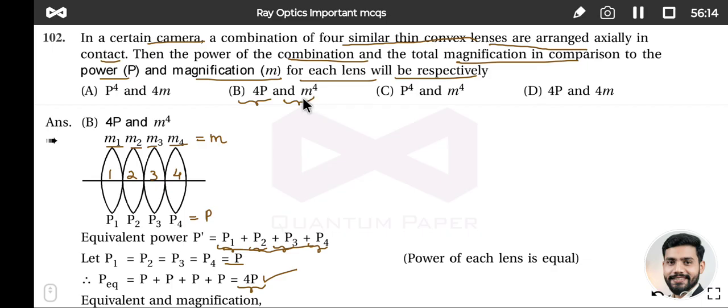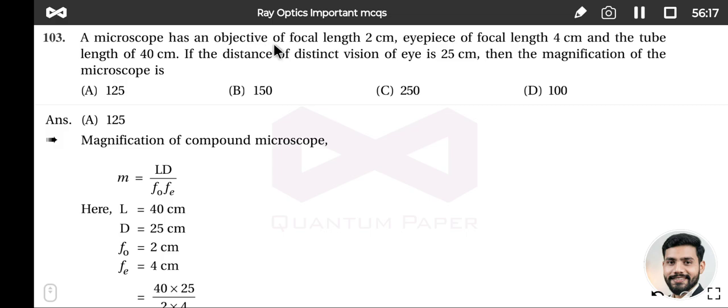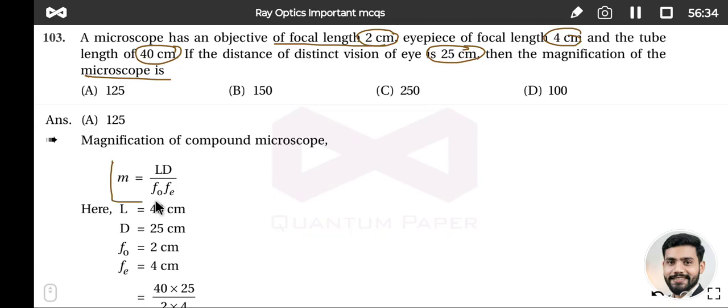Look at the next question. A microscope has objective focal length 2 cm, eyepiece focal length 4 cm, tube length 40, and the distance of distinct vision of the eye is 25. The magnification of the microscope is? Okay. For a compound microscope, the magnification formula is m = LD/(fo × fe).